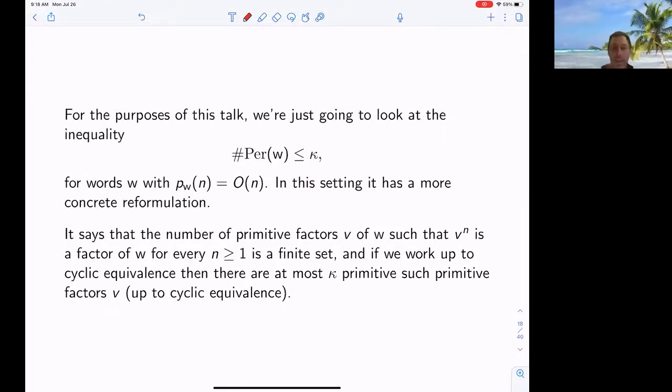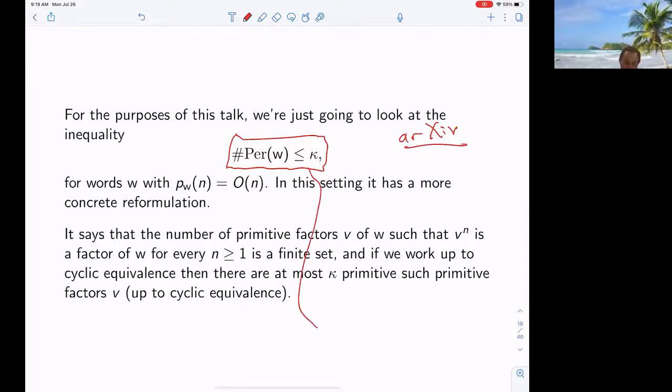So the main thing I want to talk about is this complexity function that Jeff and I introduced, and the paper is somewhere on the arXiv. We're going to look at this function with this bound that says the periodic spectrum is at most this number kappa, and kappa, you'll recall, was the lim sup of the differences plus 1.